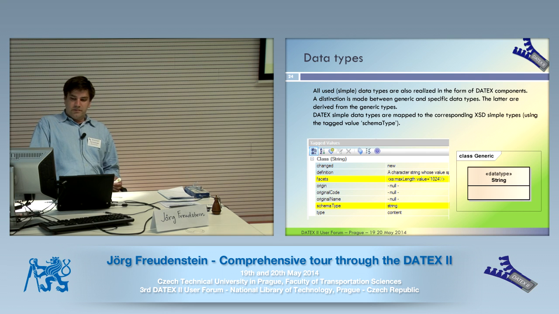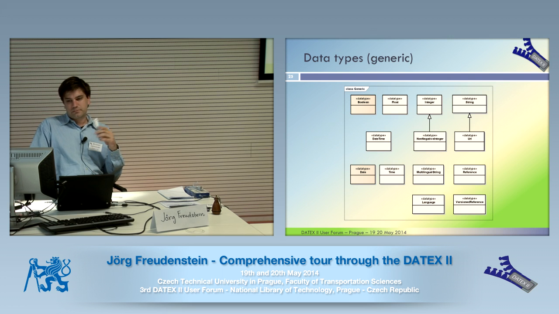The string class will map to the schema type string, which means it's mapping to the basic schema type string, and so there is another, let's say, layer of Datex. In Datex, you only use your predefined data types, and they are mapped to the final data types. So you don't use the simple types yourself, but you always use the Datex types.